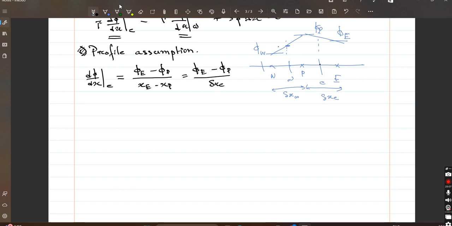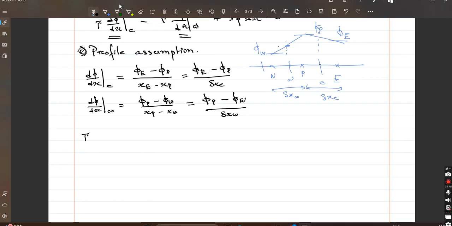And similarly for the west face. Okay, now let's assemble the things.